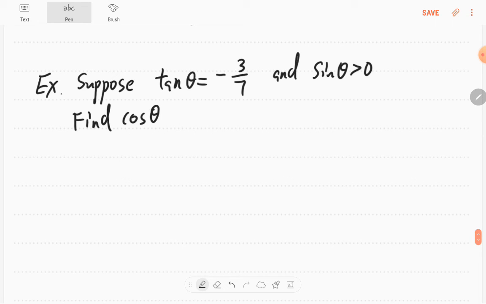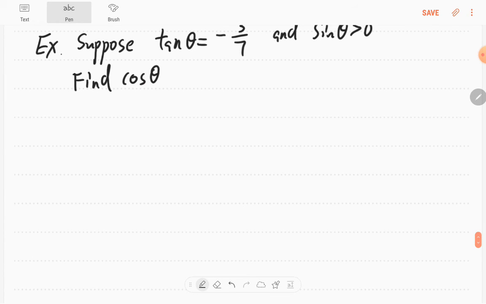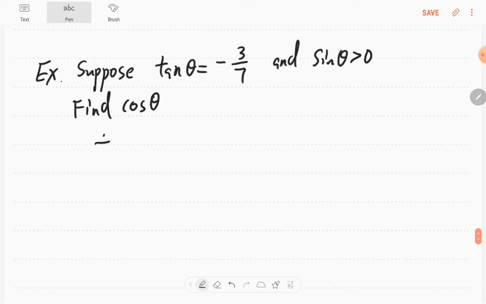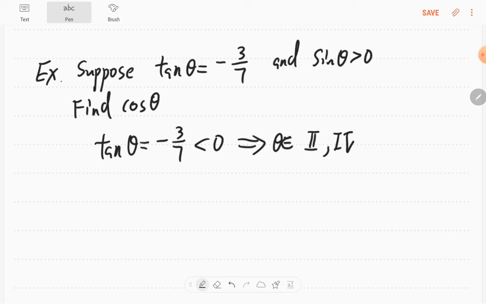Okay, so the first thing we need to know is which quadrant theta belongs to, right? Tangent is negative. It is -3/7, which is less than 0. So it implies that theta is in the second and the fourth quadrant, right? If you go back to look at the sign.